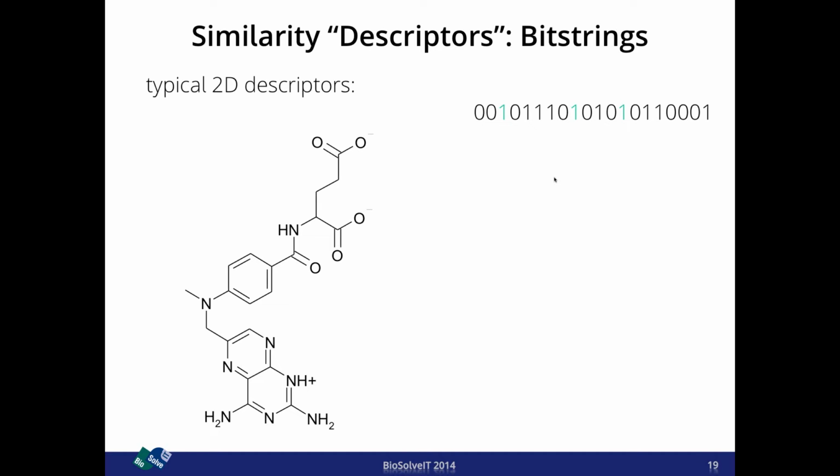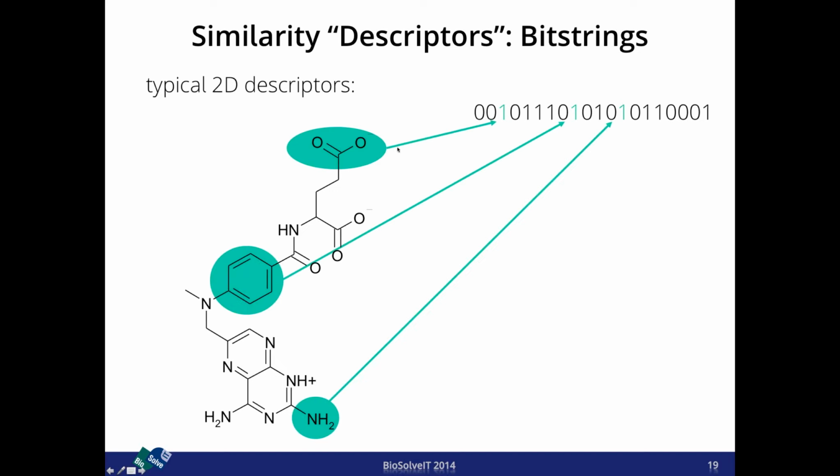Okay, so staying with the original molecule, just to make clear the examples: the very typical 2D descriptors, which have a big and grand tradition already, typically have a certain bit string associated to a molecule, and the bit string is a sequence of zeros and ones. All these positions of a bit string encode the absence or the existence of certain things.